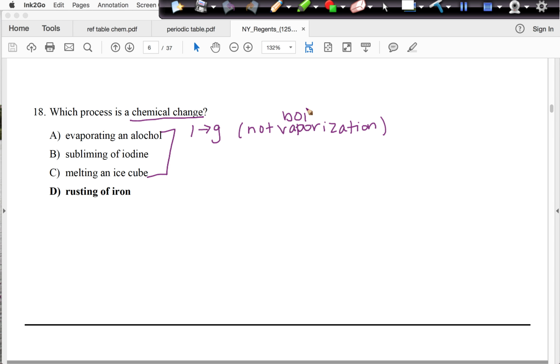Vaporization is boiling, which has to happen at the boiling point, which means that the vapor pressure has to equal atmospheric pressure. Evaporating happens at all temperatures in an open container. As the molecules move away from the surface of the liquid, they evaporate into vapor.